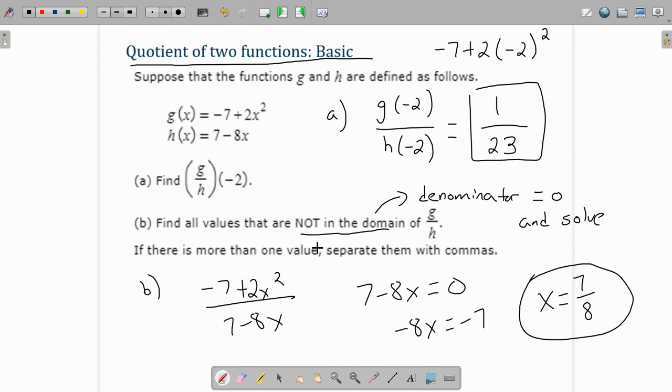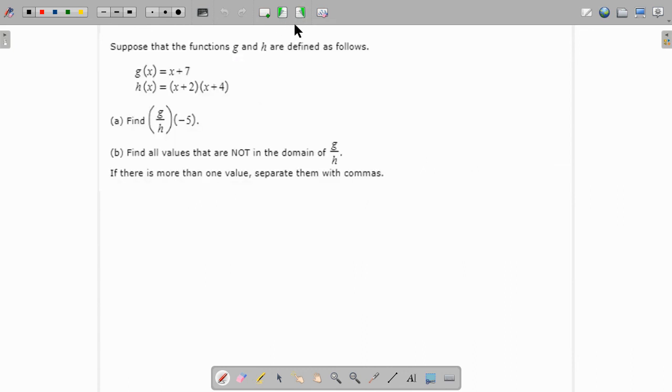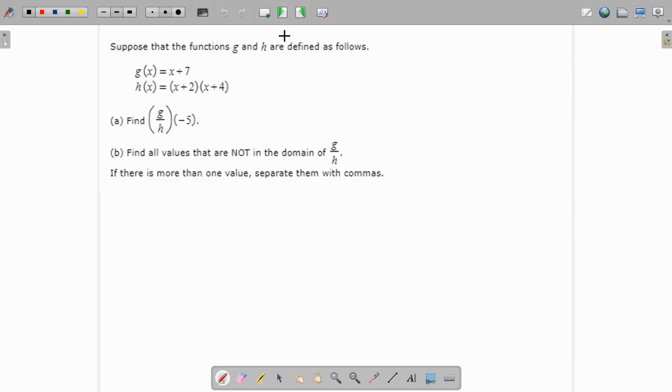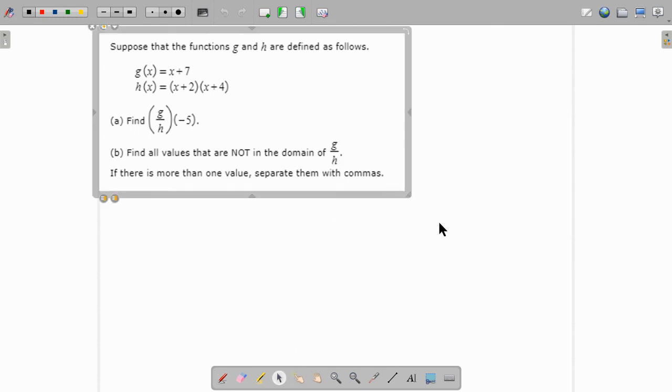You cannot divide by 0. So that's the key here. Denominator equals 0 and solve. All we care about is the bottom. Denominator is the bottom. Okay. Here's one more problem for you to try.